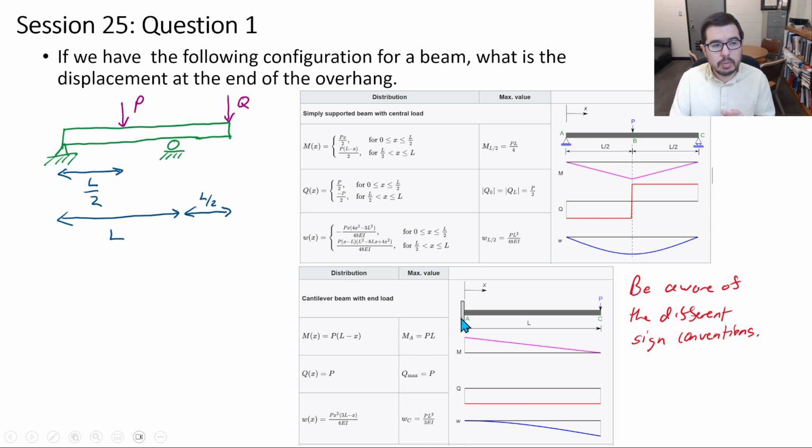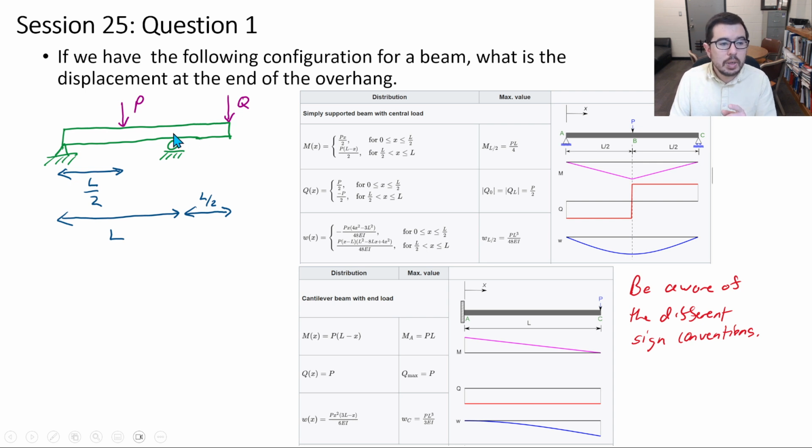It may be a little subtle, but keep in mind that at this location, if there was no overhang, you have P acting in the middle, so this looks like a pretty nice approach to use, okay? But we're interested in what's happening over here.